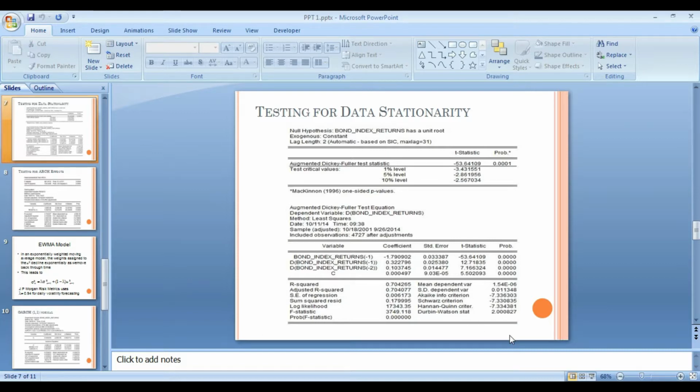When your Durbin-Watson test statistic is nearer to 2, that signifies your data as stationary, and your probability is also significant. So we can reject the null hypothesis that your data has a unit root, so your data is stationary.